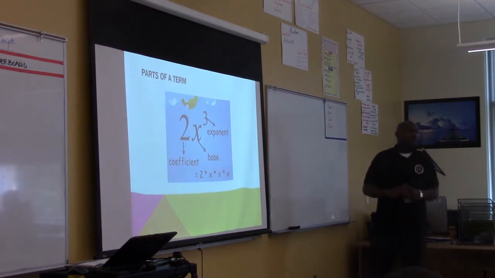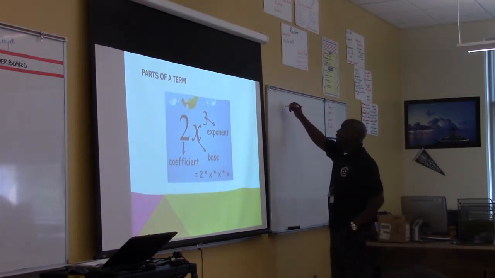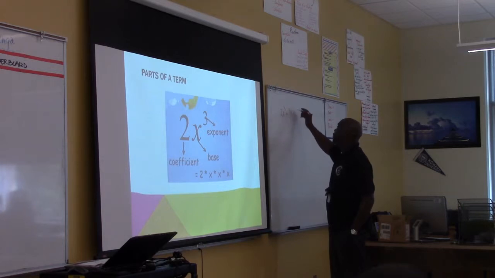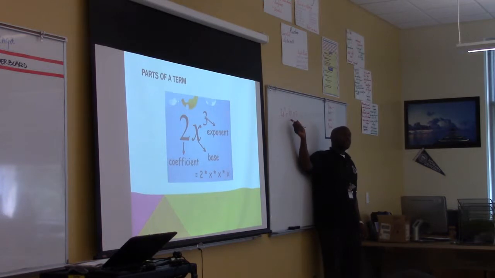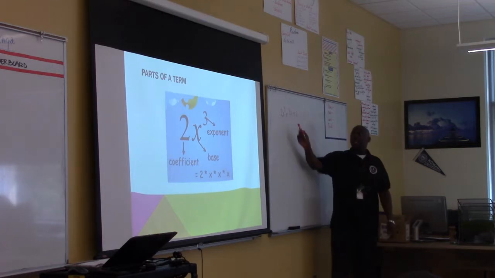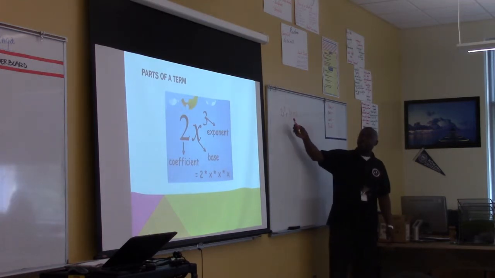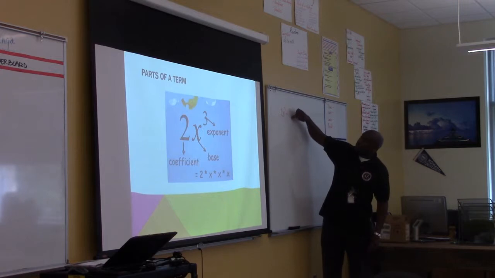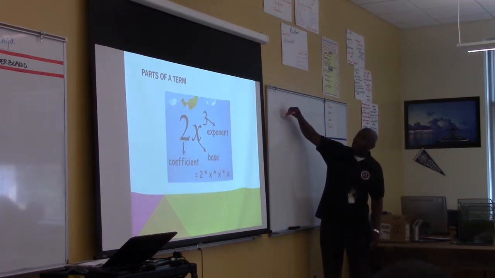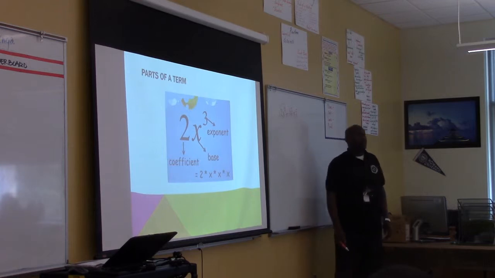When we talk about a term, we said that it's a monomial, so it can be 2x cubed plus 3x plus 2. Each one of these is called a term, because a monomial can be a number, a variable, or the product of a number and a variable.